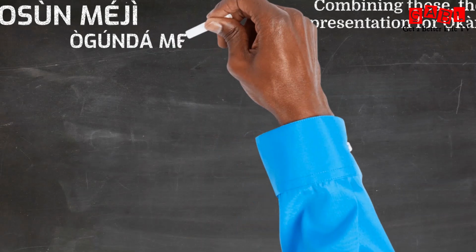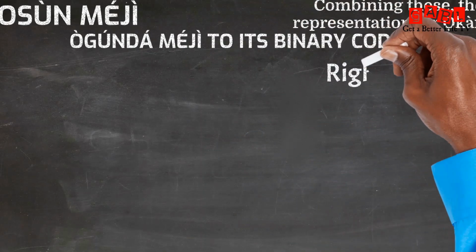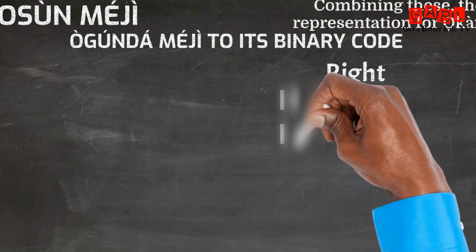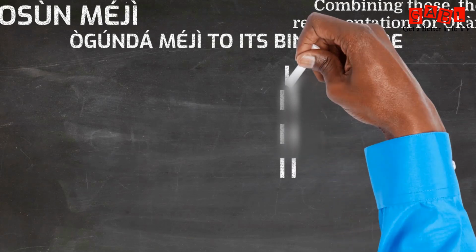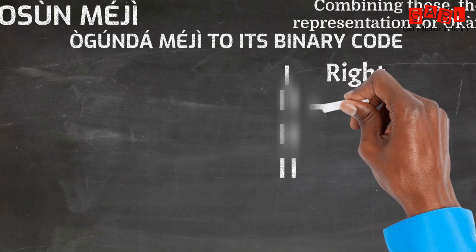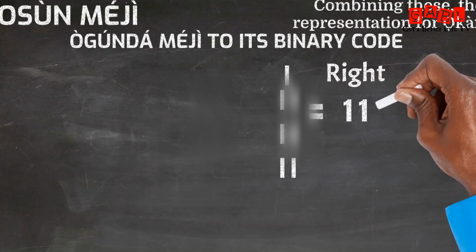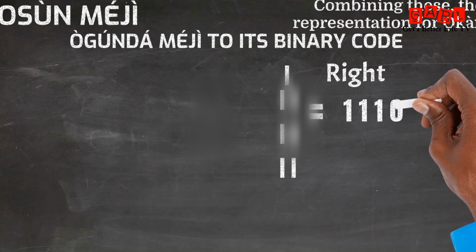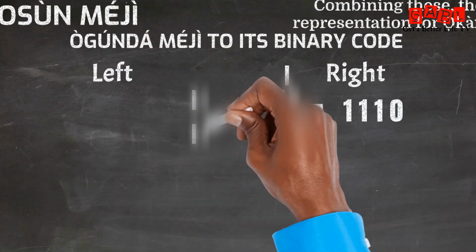Converting this to binary, the right column top to bottom has single line, single line, single line, double line. This translates to 1, 1, 1, 0. The left column also has single line, single line, single line, double line.